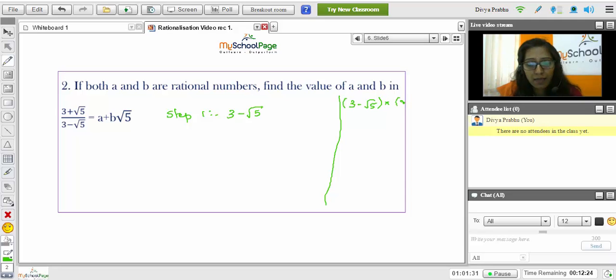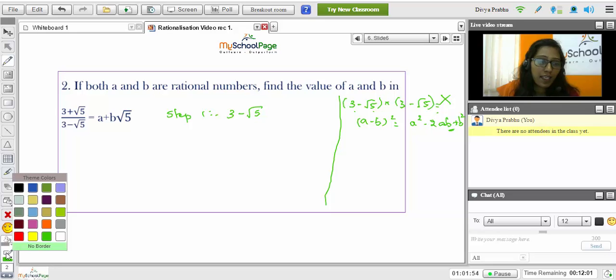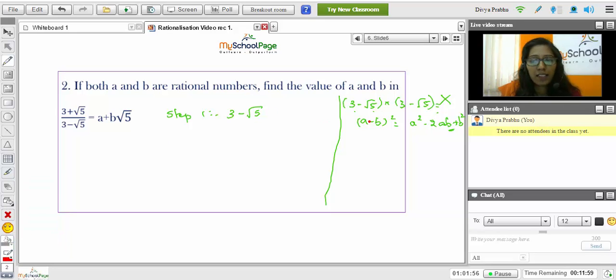If I multiply with the same thing, I will be left with roots again, because this is a minus b into a minus b. What do you get? a minus b the whole square, a square minus 2ab plus b square. Here b, again I will be left with another irrational number. Therefore we will not take this into consideration.